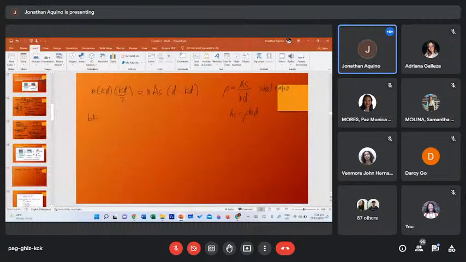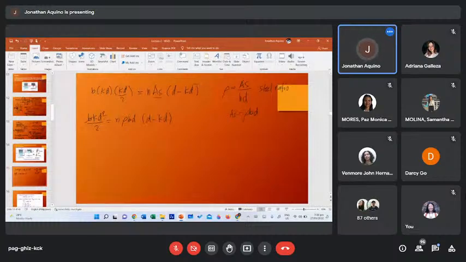So if you substitute As to rho bd, kd squared over 2 is equal to n, As is rho bd, times d minus kd. Okay, so we can cancel out b. Okay, we can cancel out d squared.